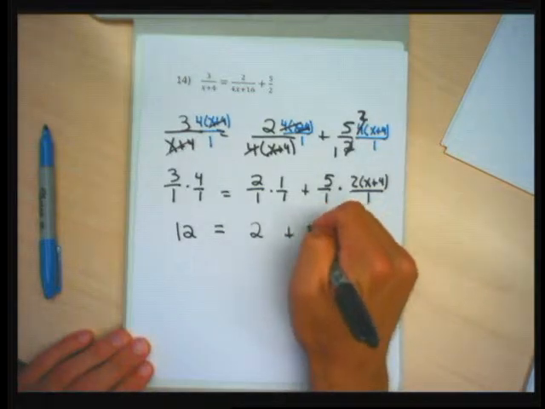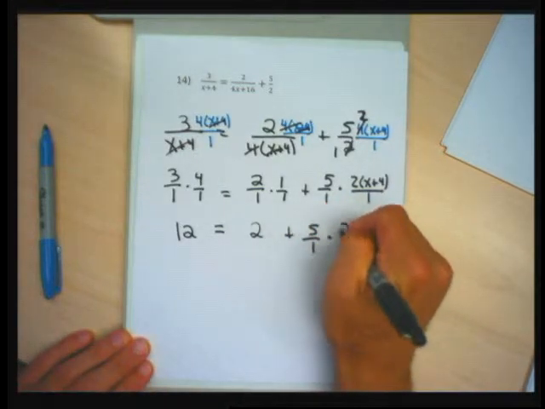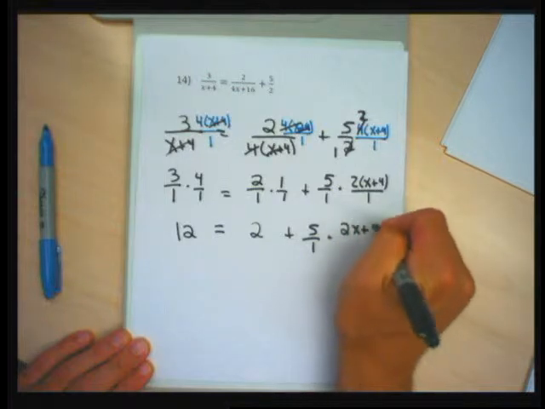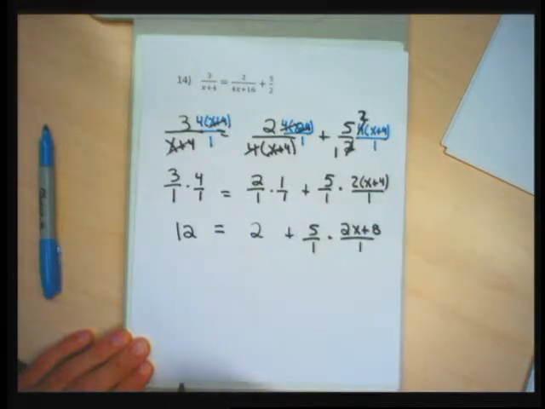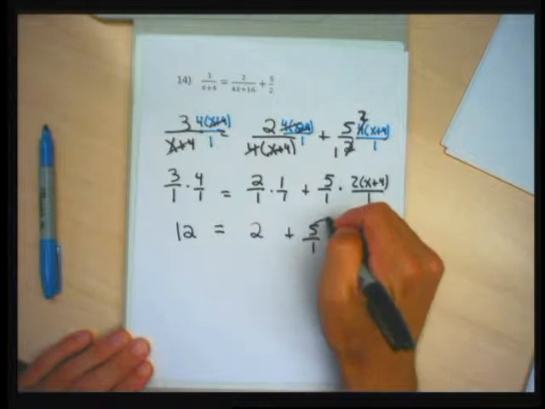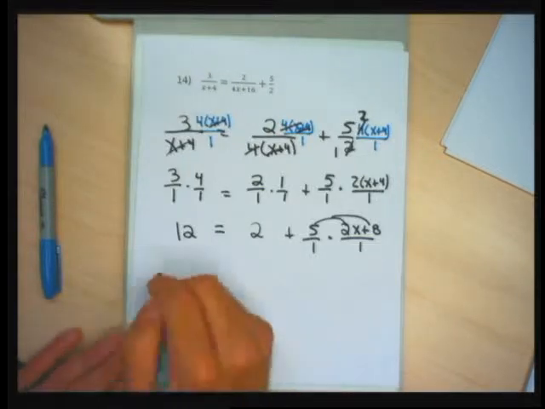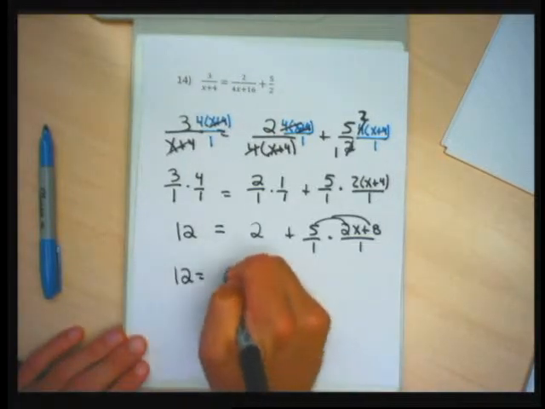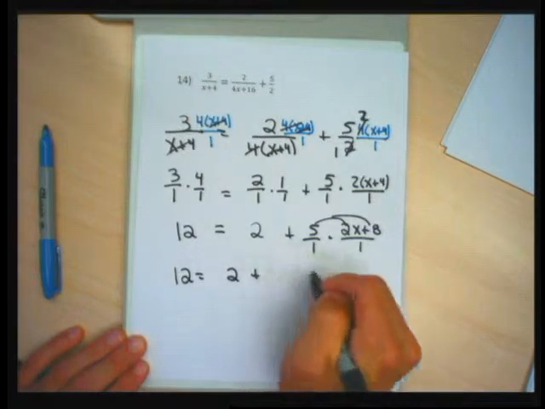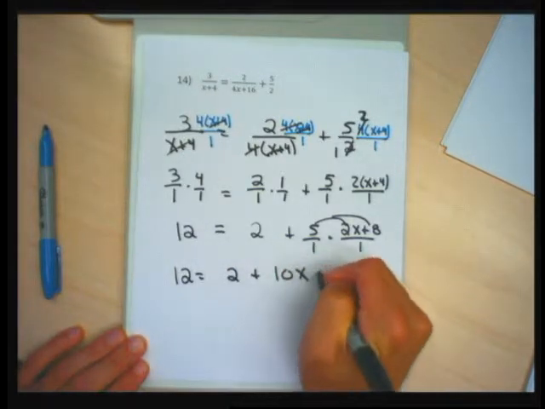But I'm going to deal with this right fraction and make the right fraction 2x plus 8. And then when I multiply, I have to multiply the 5 by both the 2x and the 8. I won't need the over 1 part. It won't be a fraction anymore. So somehow that last term I need to get cleaned up the best I can.